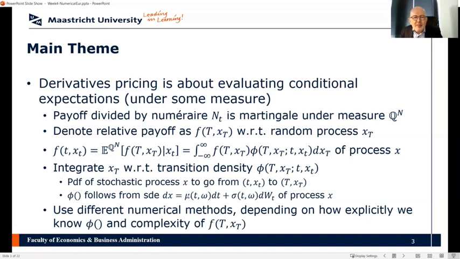So basically when these mu and sigmas are constants or very simple functions of the underlying process x, can we then explicitly evaluate the density phi? And therefore we're going to be exploring different types of numerical methods which can be used depending on how explicitly we know the transition density phi, and maybe how complex the payoff function f as a function of x_T is.